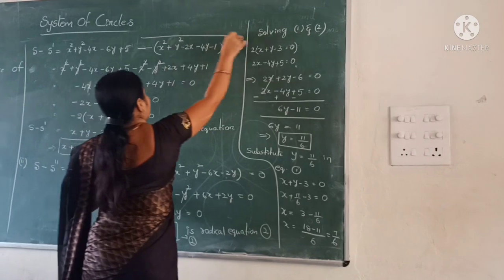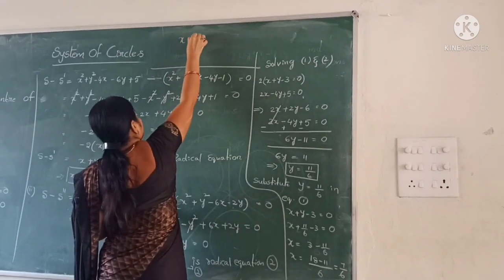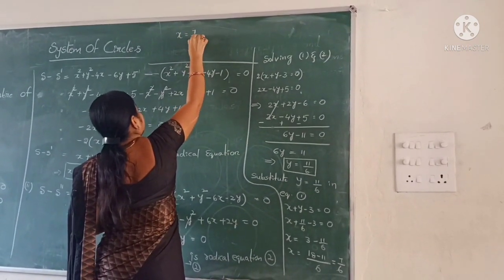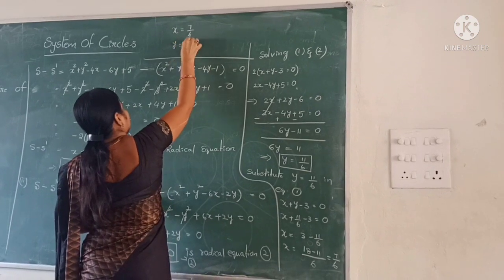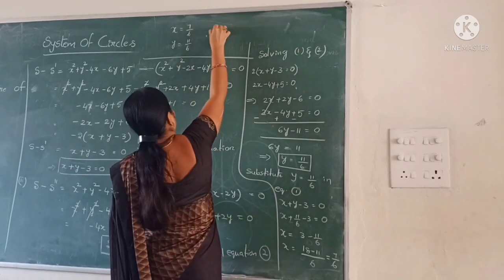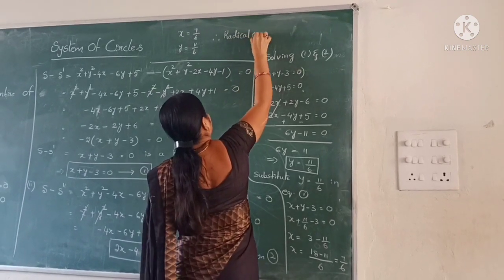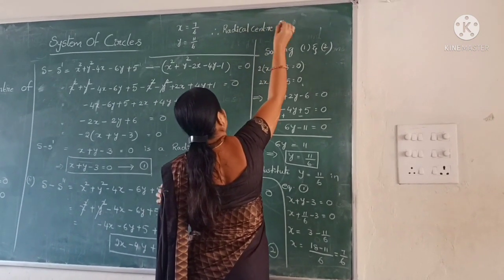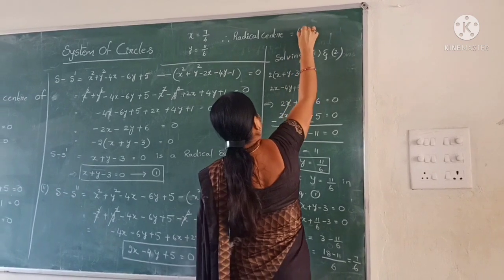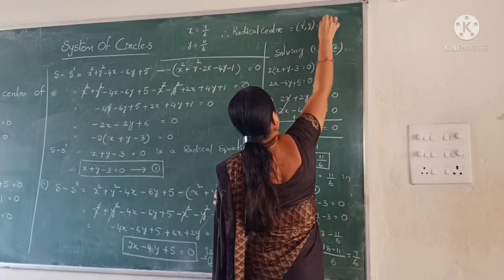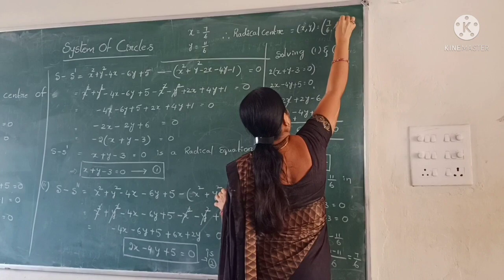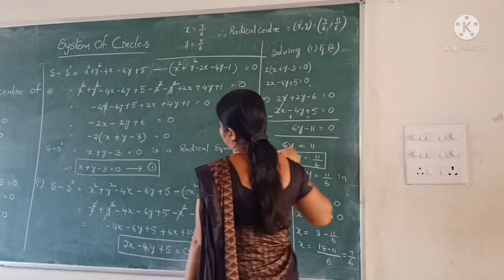Here the value of x is equal to 7 by 6, y is equal to 11 by 6. Therefore the radical center is x comma y is equal to 7 by 6 comma 11 by 6.